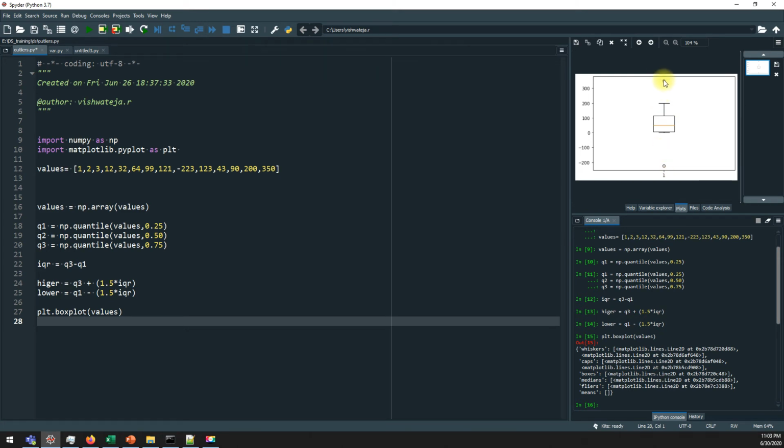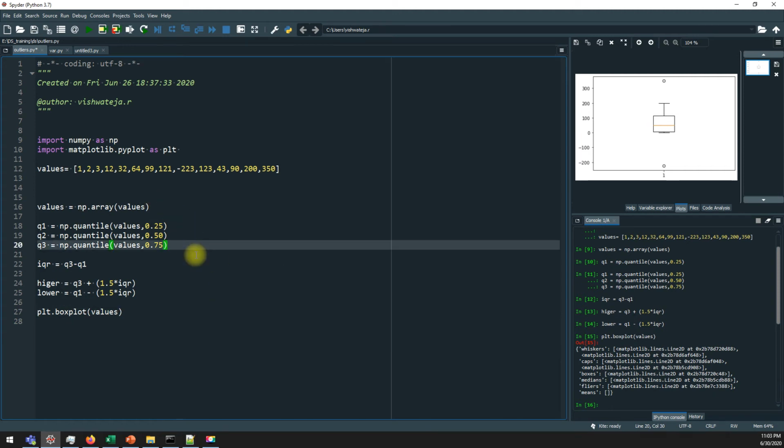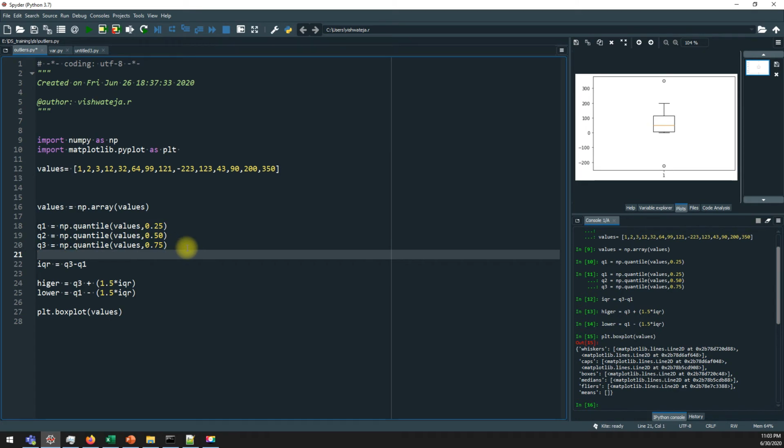One is above 300, and the other one is below minus 200. That's what we identified using IQR. So now we understood what outliers are and how to find the outliers using IQR for a single variable.